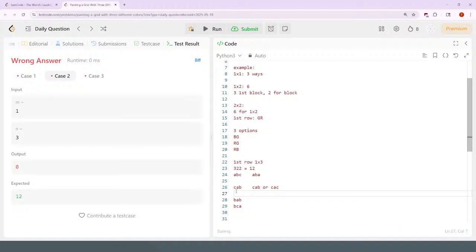And if it's ABA, then BA could be B or BAC. And if there's BC, then this cannot be A, cannot be C, it has to be B.